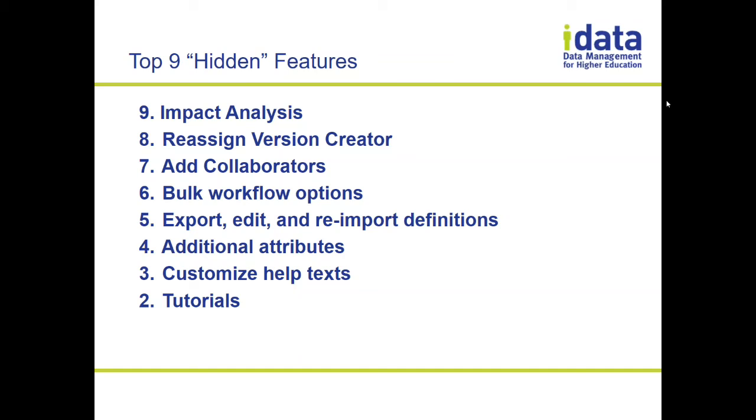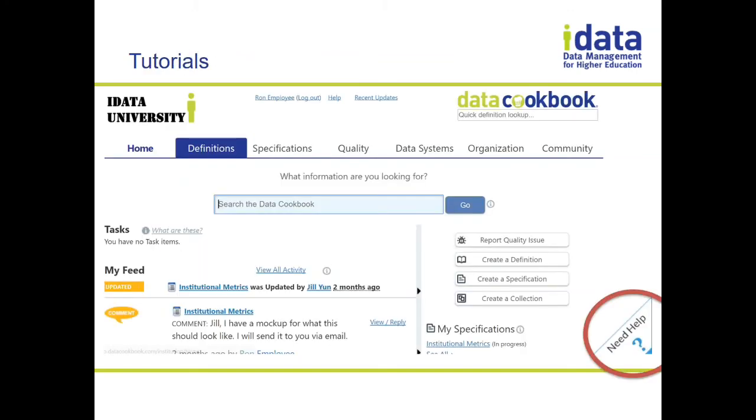Those are visible right when you log in. When you are in the cookbook, in the lower right-hand corner, there is a little triangle that says, what does it say? Need help, right? And if you click on that, it pops up a little window with a list of tutorials, or actually not all of them are tutorials, but sort of help features.